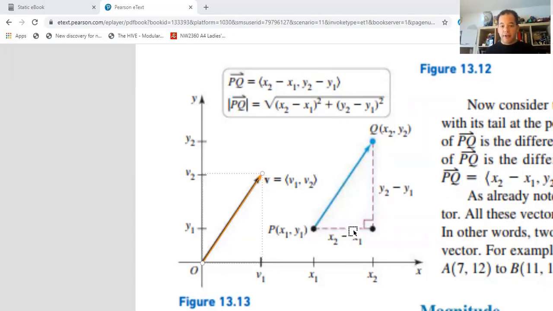Look over here: the x coordinate is the difference of these two, x2 minus x1, the x coordinate of the head minus the x coordinate of the tail. That's this x difference. And the y difference is the y coordinate of Q minus the y coordinate of P, so that's this height over here. So the new coordinates of PQ as a position vector will be (x2 minus x1, y2 minus y1). And the way to remember it is, like I was telling you, think of the head minus the tail. That's an easy way to do it.